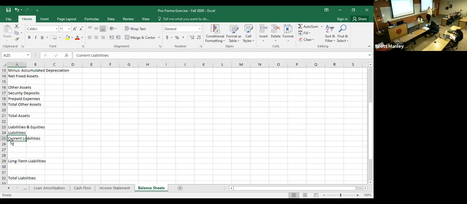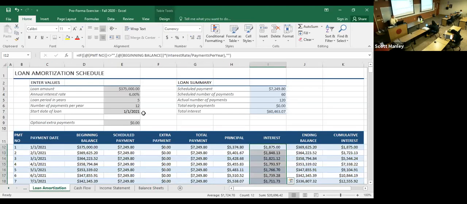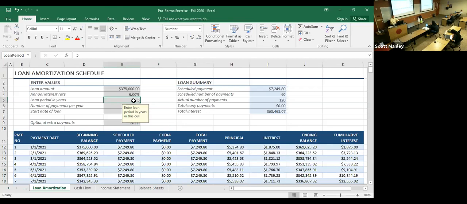There is one that does apply to your business. All those things I just talked about, we're not worried about for you. I want your assignment to be simple. There is one that you do have to worry about. You remember that loan we got? That loan, I believe, if you go back to my loan amortization, has a 5-year term.